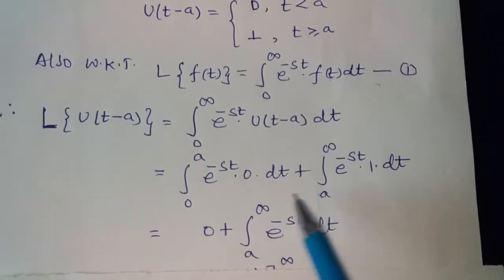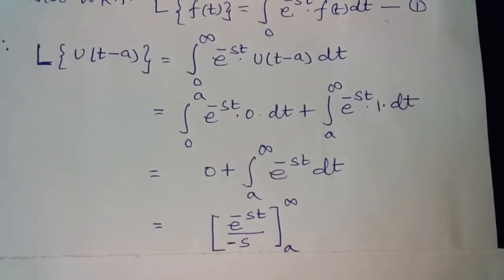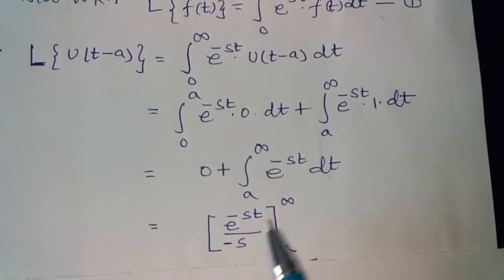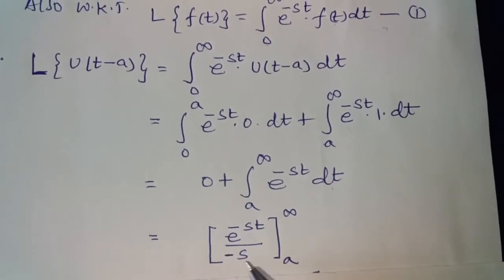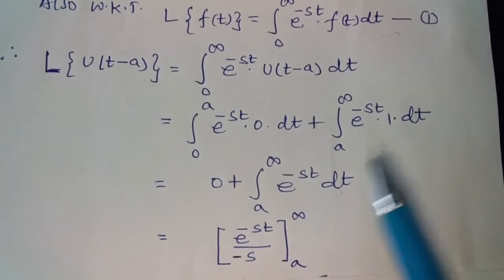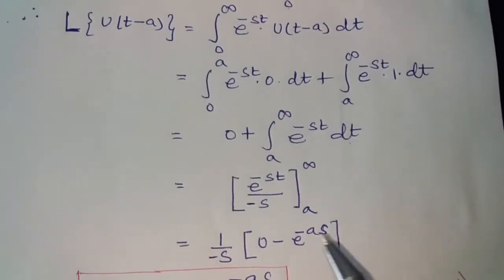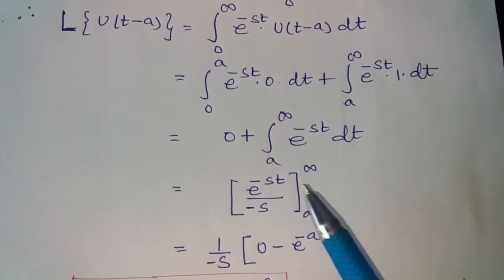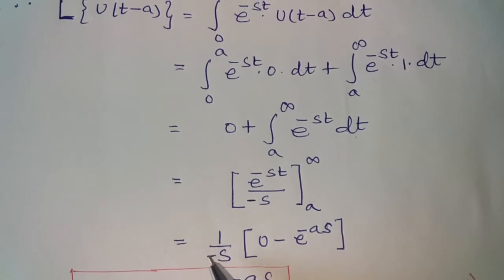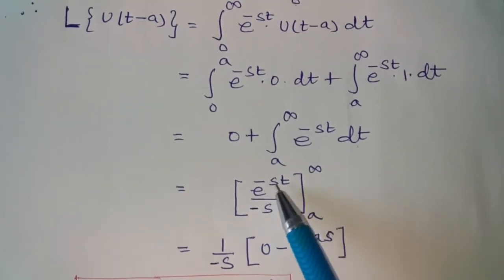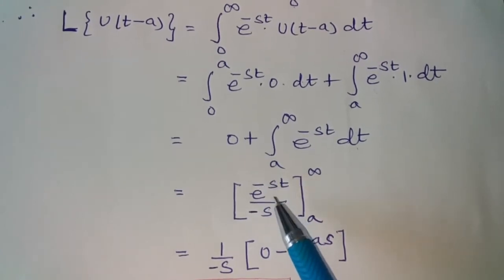Now integrating this expression, the integration of e raised to minus st is e raised to minus st upon minus s, and the limit of integration is a to infinity. Now in place of t we put the upper and lower limit. Minus 1 upon s is constant, so we write 1 upon minus s outside. The upper limit is e raised to minus infinity, which becomes 1 upon e raised to infinity.